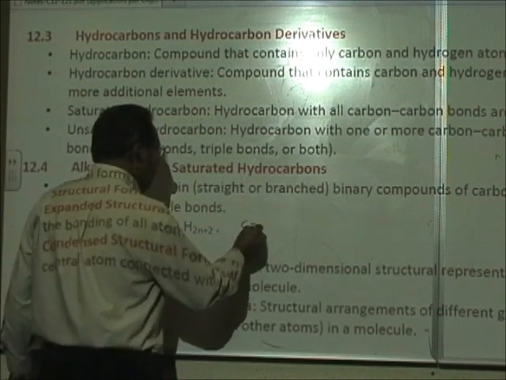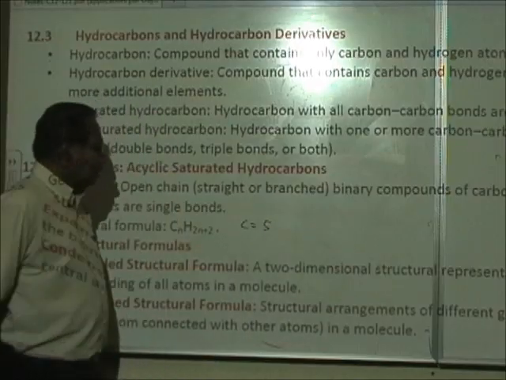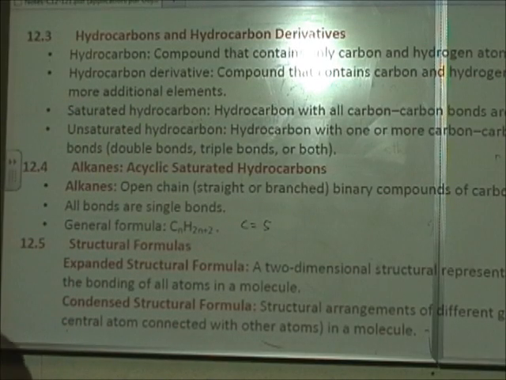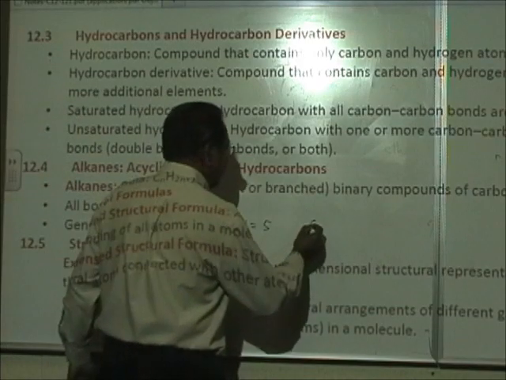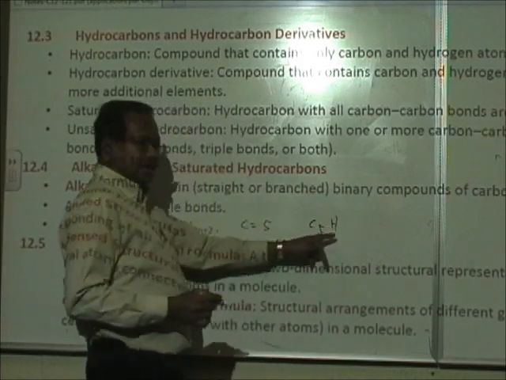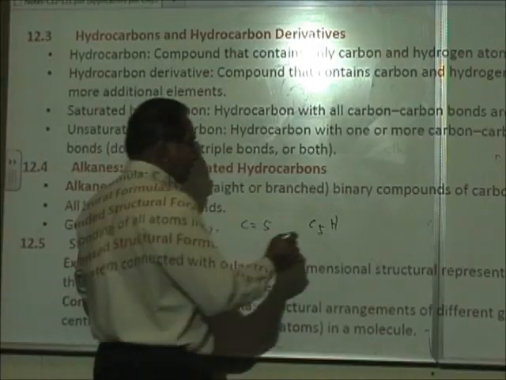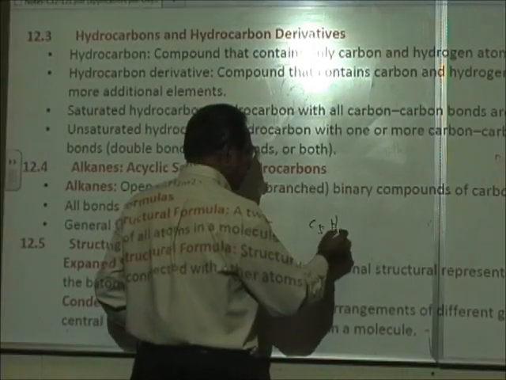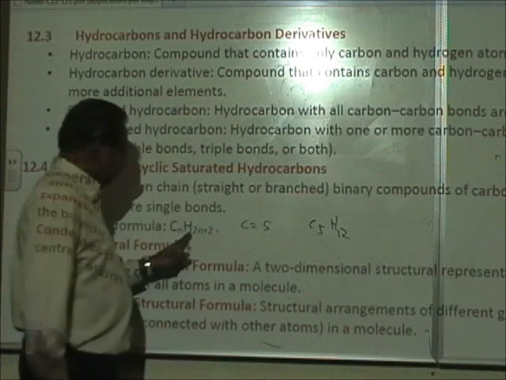Now, if you have carbon number 5, what would be the formula of alkane? Formula of alkane with carbon number 5. Carbons, C5. How do you get the hydrogen number? 2n plus 2. 10 plus 2 is 12, right?